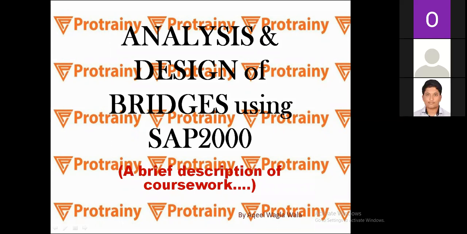What exactly we are going to cover under this course is everything about bridges, its brief history, of course, and its components. Then comes its analysis part.